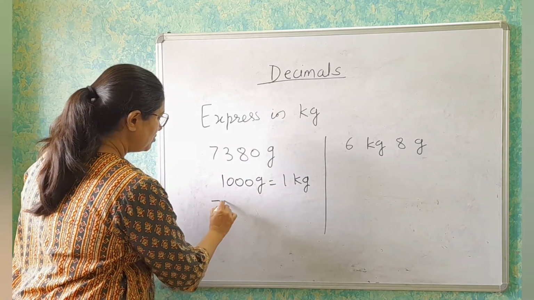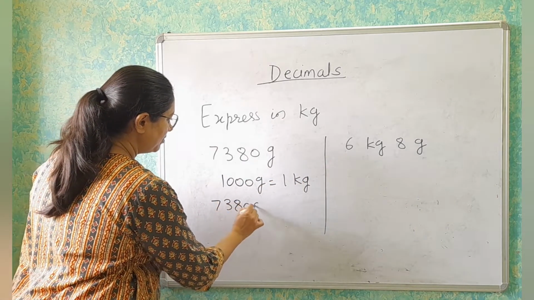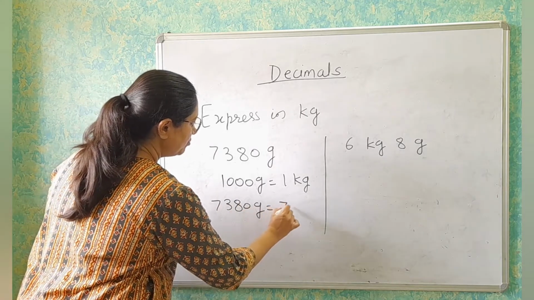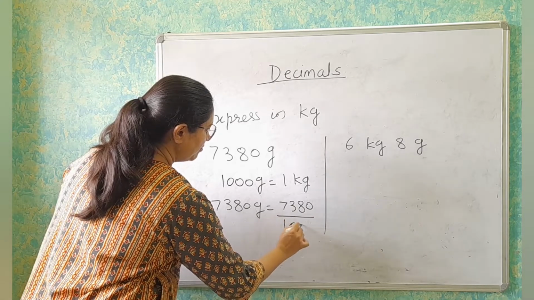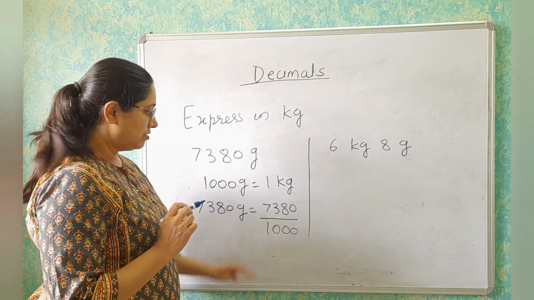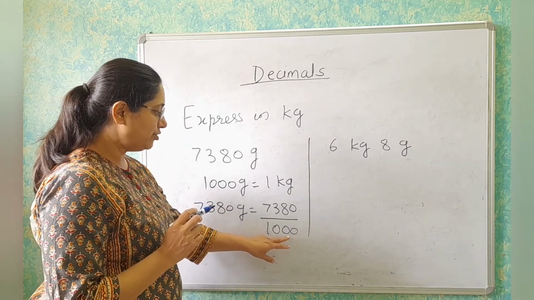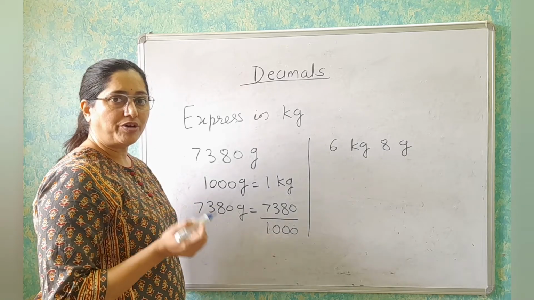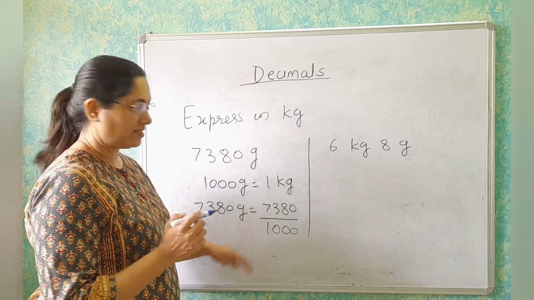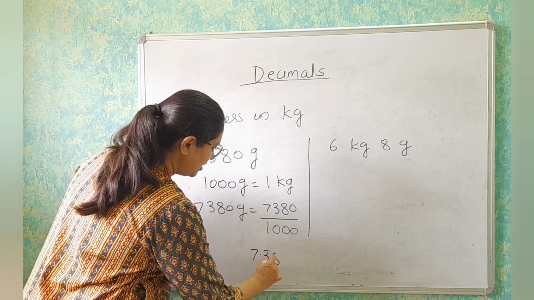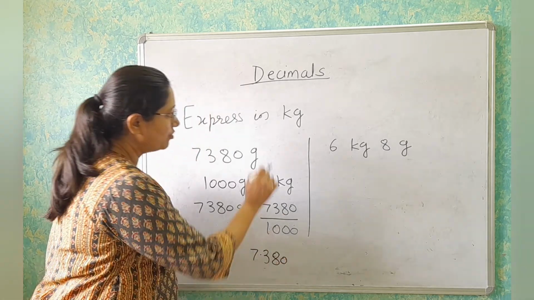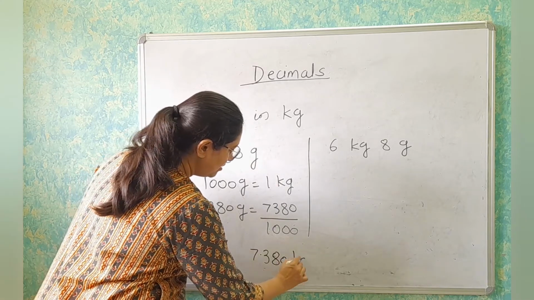So 7380 gram will be equal to 7380 divided by 1000. How many zeros are there? 1, 2 and 3. So our decimal point will shift to 3 places. So the answer will be 7.380 and now we will write it as kilogram.